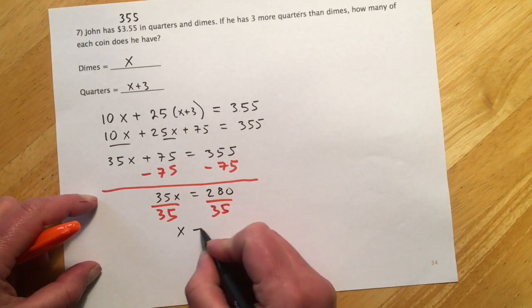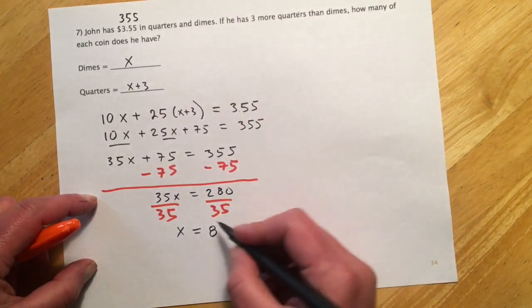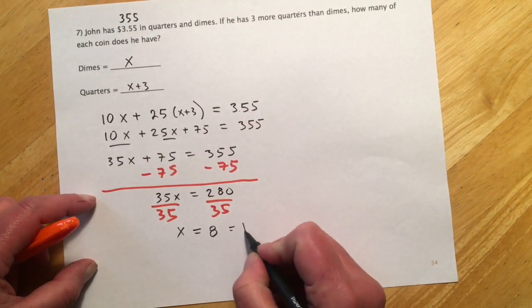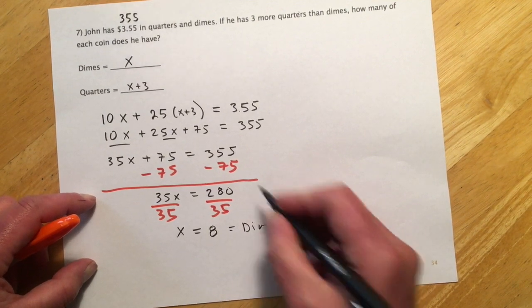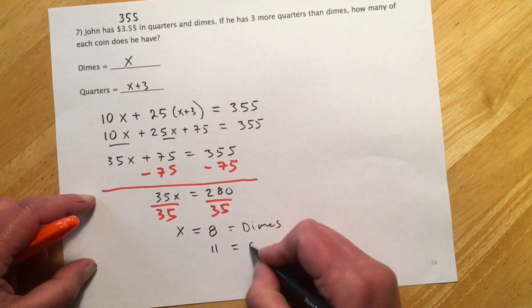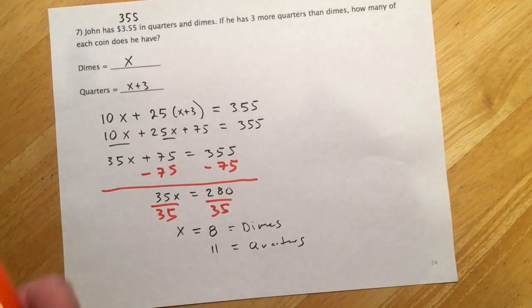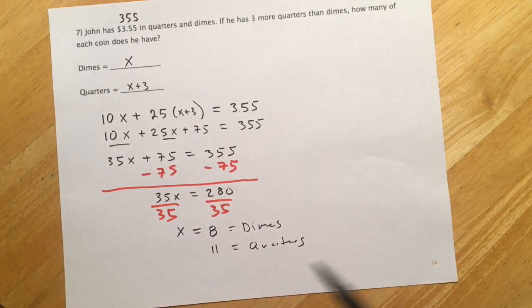And we get x equals 8. And so again, coming back up here, x was dimes, so that would be our dimes. And then quarters was x plus 3, so 8 plus 3 would make 11 quarters. Cool. And that concludes 1.6 applications.